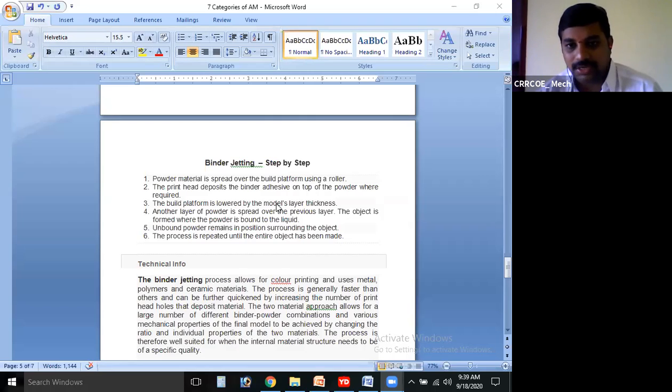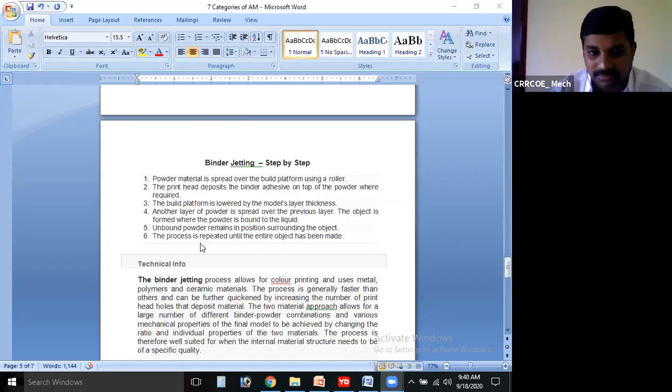The main differences are in the form of the material: powder, liquid, solid, including laminates. Unbound powder remains in position surrounding the object. In the last step, the process is repeated until the entire object has been made.